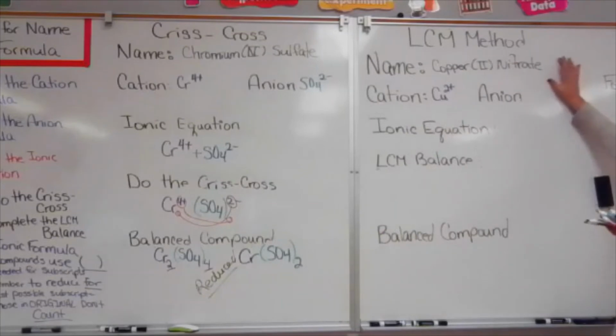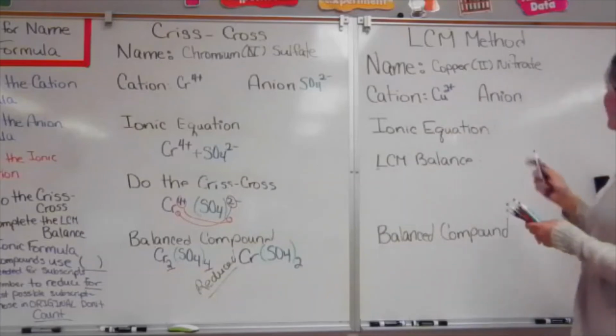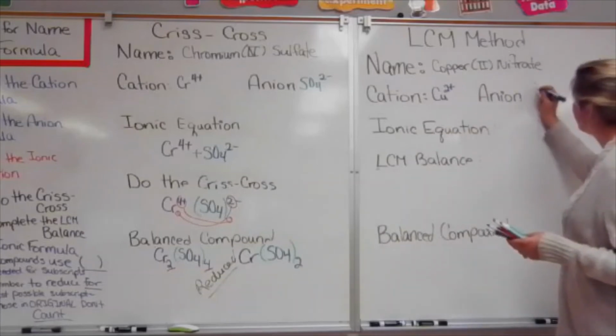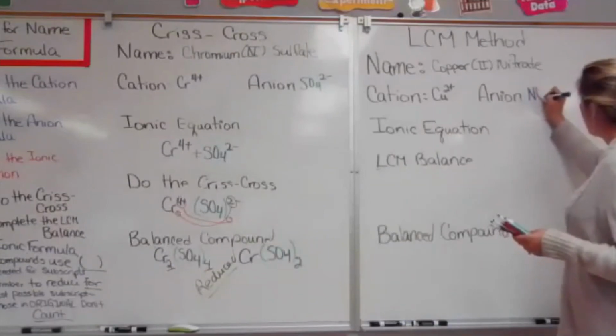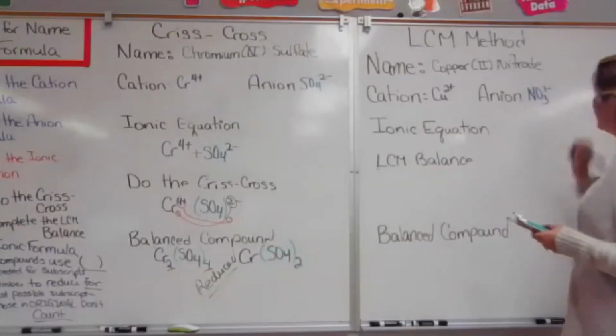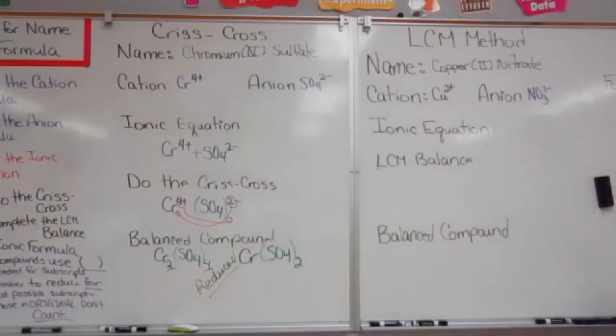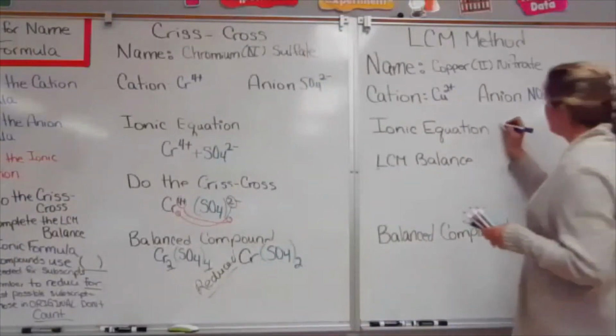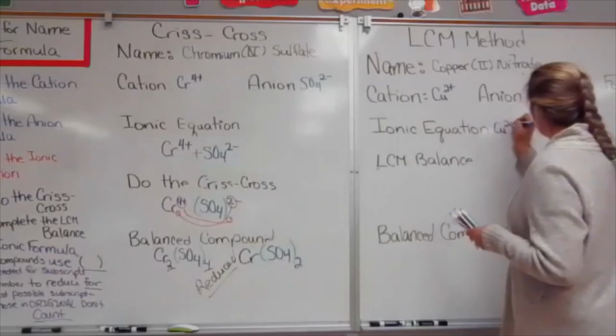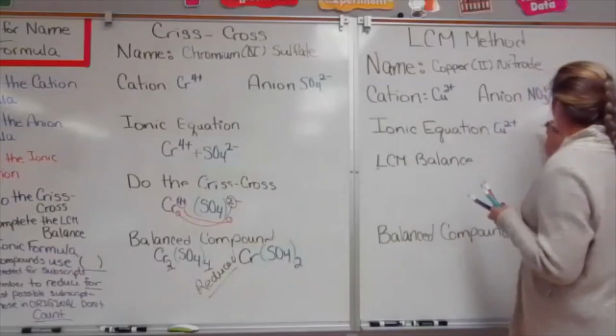We also know it's an anion because nitrate is a negative polyatomic ion. So we can write this as NO3 1-. Now that I separated my cation from my anion, I can write my ionic equation of Cu2+ and NO3 1-.